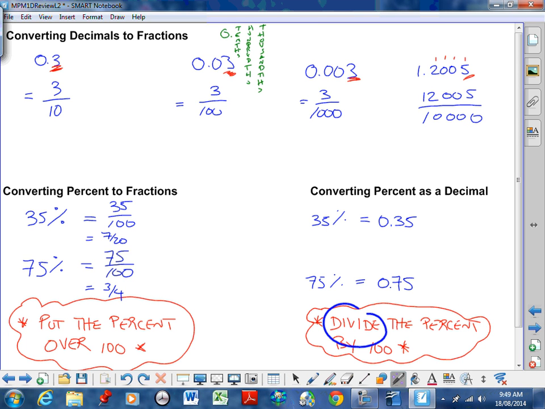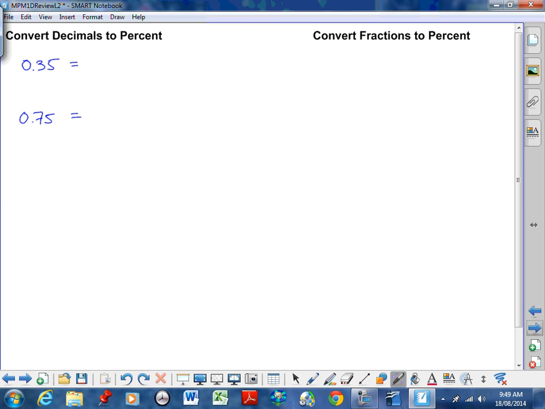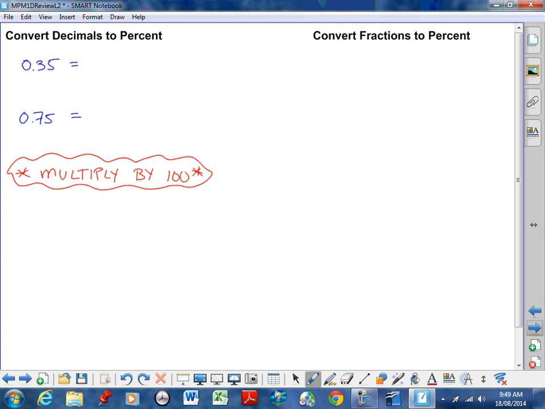I know everyone's waiting for the final answer here, but it is multiply by 100. So if you have a decimal and you're going to convert it to a percent, multiply it by 100, and you get your 35% and 75%.